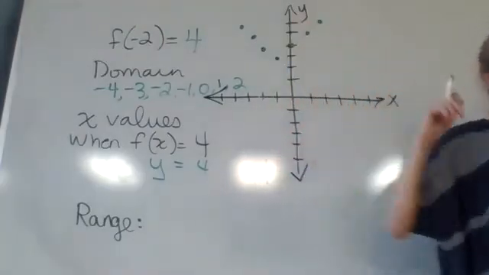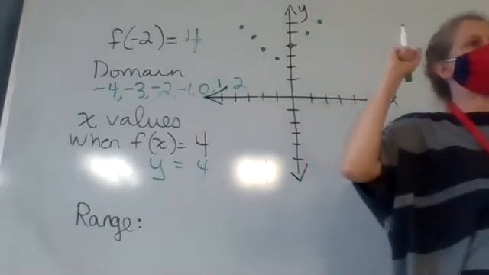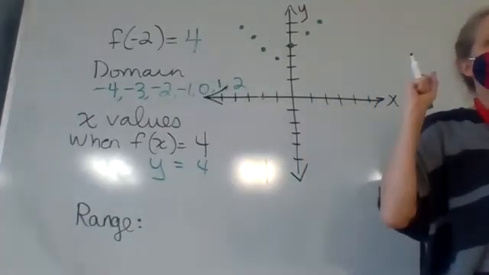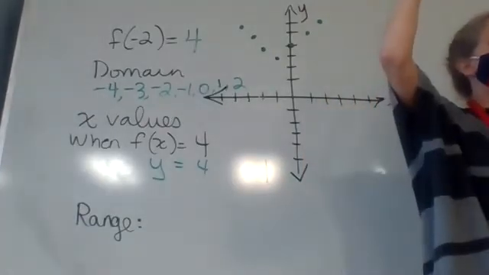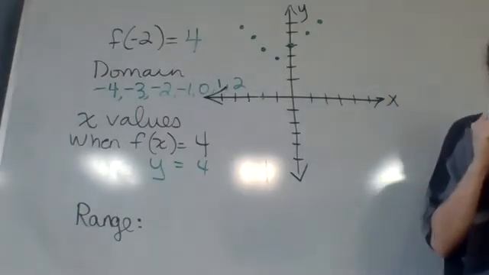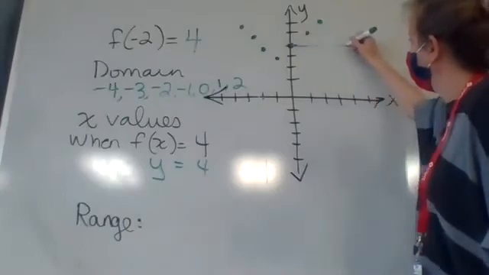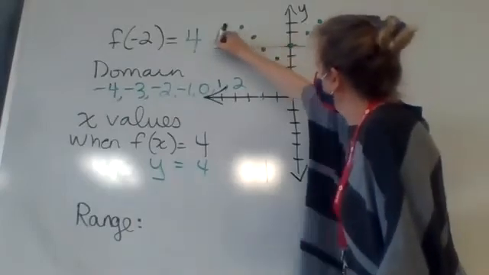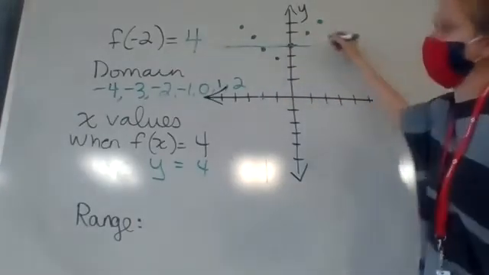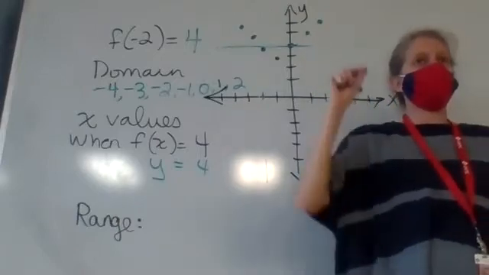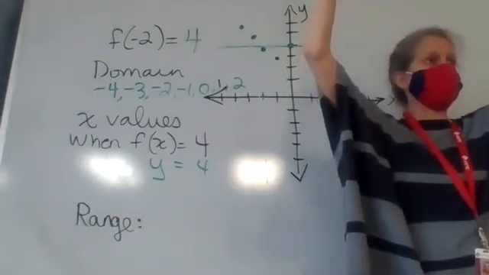What does that mean? If your y coordinate is positive 4, where have you gone? Up 4. Let's think about where all that would be. This is up 4. So if I draw a line this way and this way, isn't any point on that line up 4?